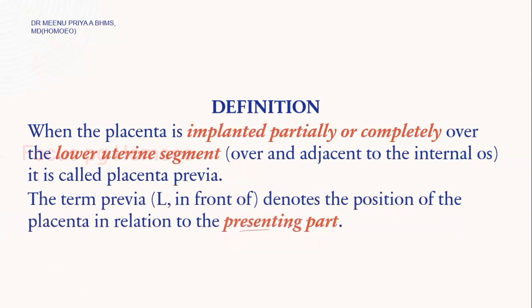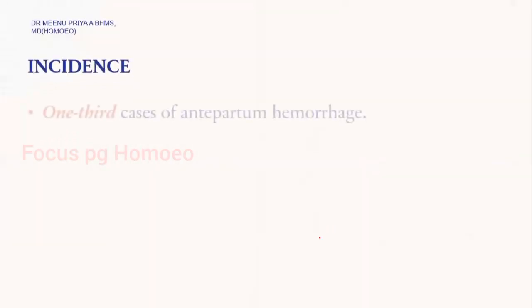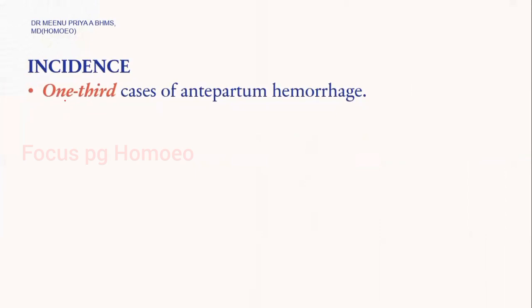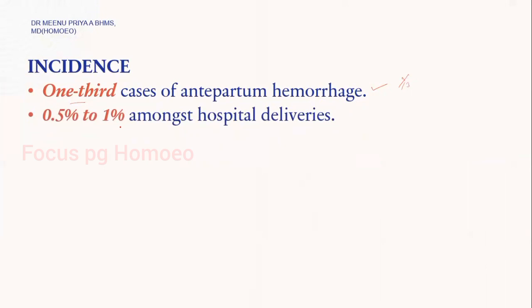Next, incidence of placenta previa: 1/3 of cases. That means in 10 cases of antepartum hemorrhage, around 3 cases are usually by placenta previa, and 0.5 to 1% amongst hospital deliveries.